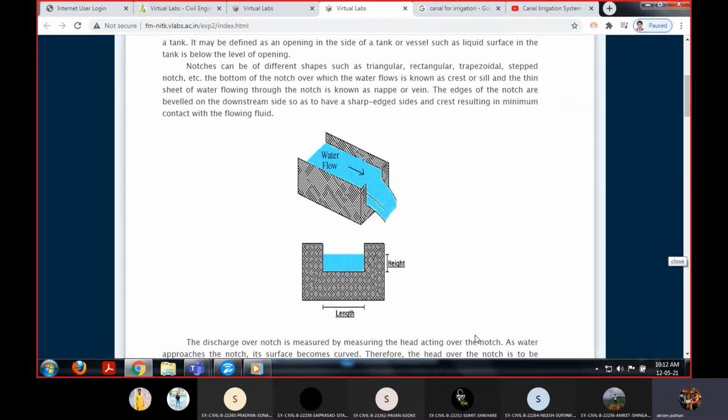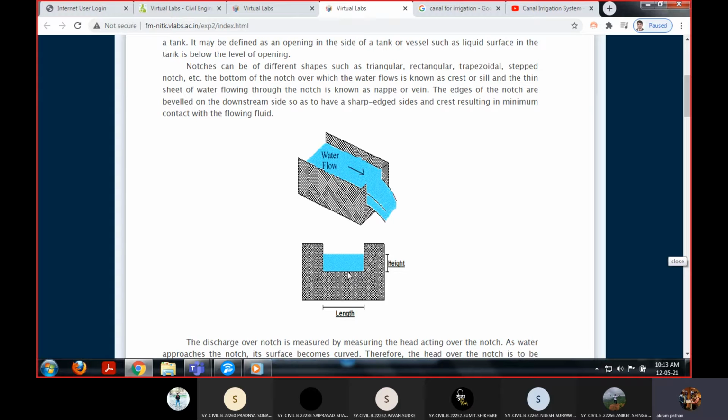So let us see, here we have a channel. This is a rectangular channel, and at a selected location we have to fix a notch. So this is the shape of the notch. Now we have the length of the notch here, and this is the total height of the notch.